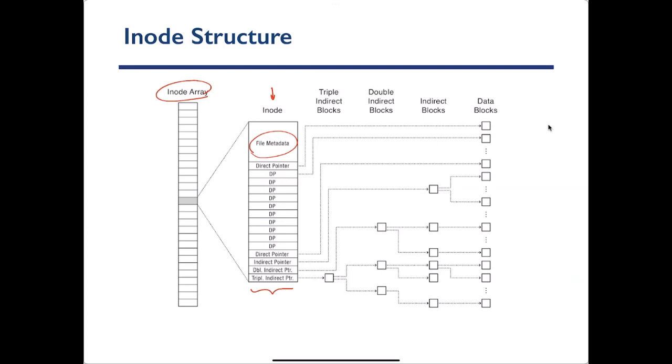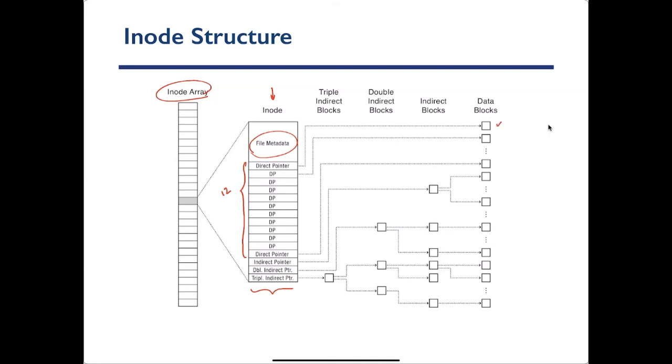Obviously, FAT didn't have much metadata, so here we are putting some metadata as a first class entity in our file system. Then we have a bunch of pointers. Now, in each inode, you get 12 direct pointers. Each direct pointer points to a single storage block.